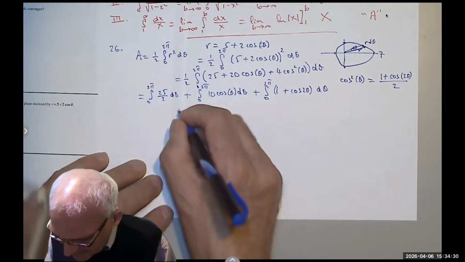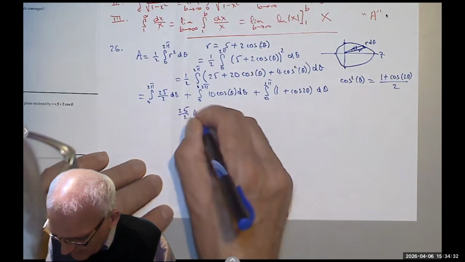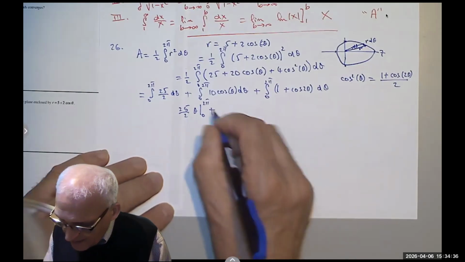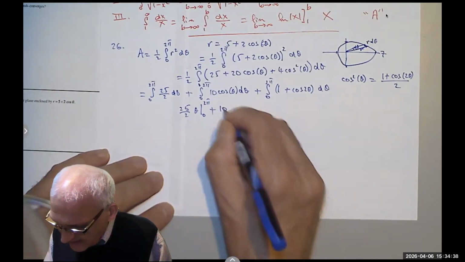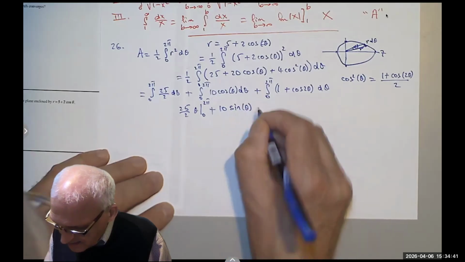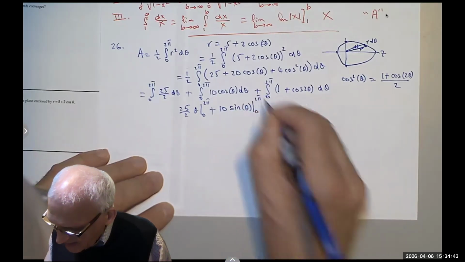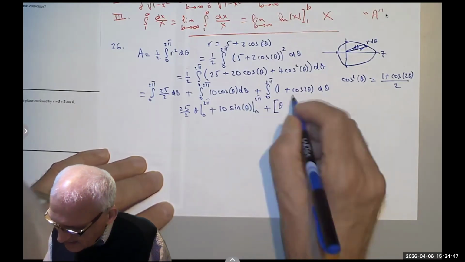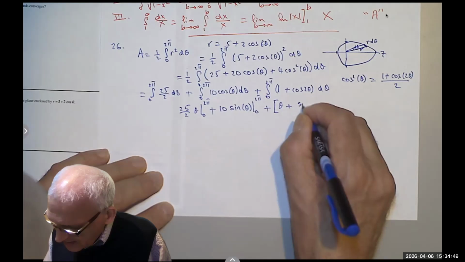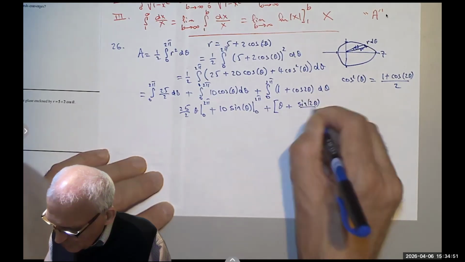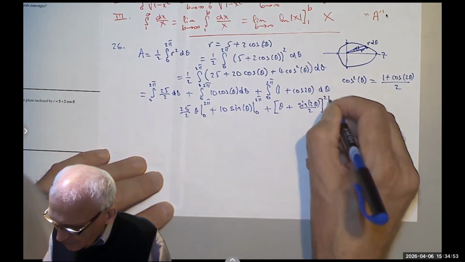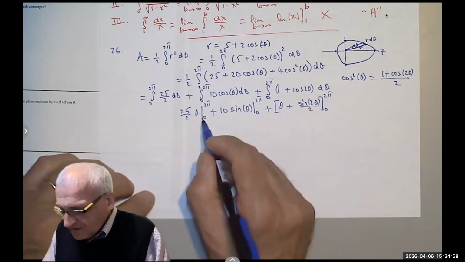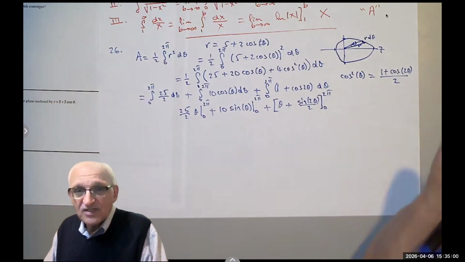The integral of that is 25 over 2 theta evaluated from 0 to 2 pi, plus the integral of that is sine theta, 0 to 2 pi, plus the first one is theta, the second one is sine 2 theta over 2 evaluated from 0 to 2 pi. Now, I don't care about the 0 because everything would give me 0, right?